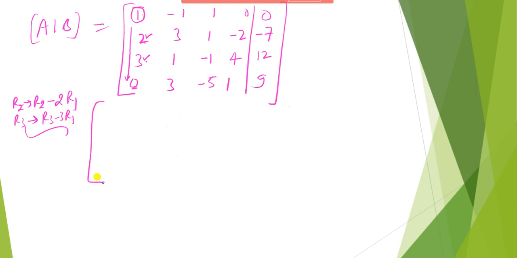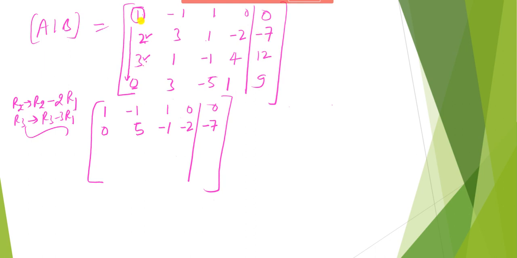So the reduced matrix is: write the first row as such because there is no change in the first row: 1, minus 1, 1, 0, 0. Subtract 2 times R1 from R2: 2 minus 2 is 0, 3 minus minus 2 is 5, 1 minus 2 is minus 1, minus 2, and minus 7 minus 0 is minus 7.